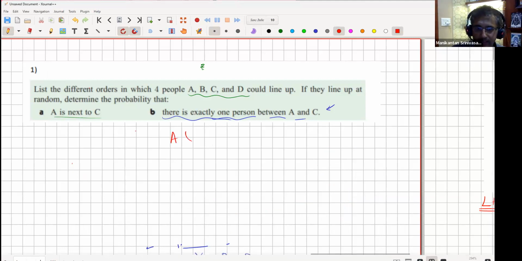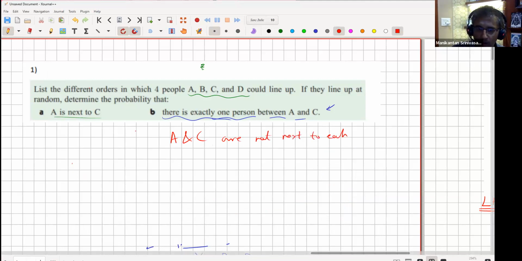The question is A and C are not next to each other. It'll be simply 1 minus the answer for part A, because part A is A is next to C. Because either this will happen or that will happen for sure. So the probability is just 1 minus.